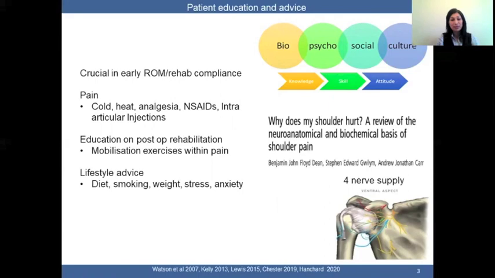It's crucial to educate our patients in order to regain the range of motion, as well as to improve rehabilitation compliance. Simple advice on pain management, education on post-operative rehabilitation protocol milestones, as well as education on lifestyle can help to improve their post-operative rehabilitation journey.